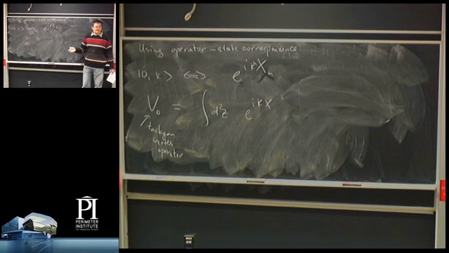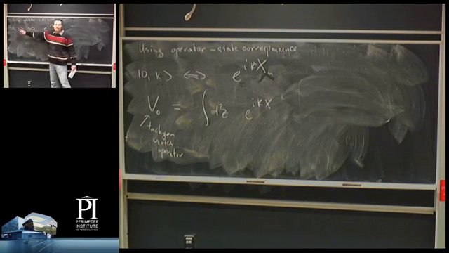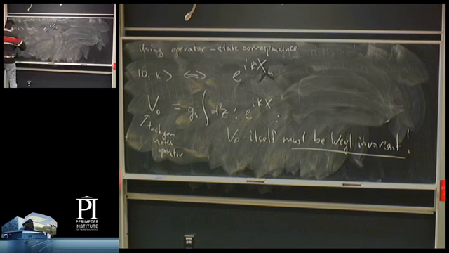It must have a momentum, so it must transform properly under translations of x, because that's the way the state transforms, and so that's the same way this operator transforms. So this is the vertex operator corresponding to a tachyon.